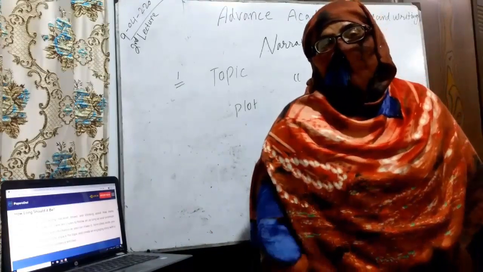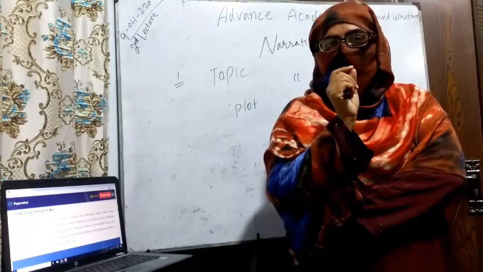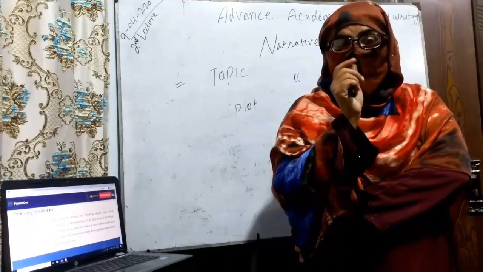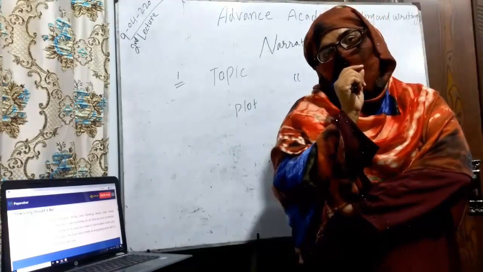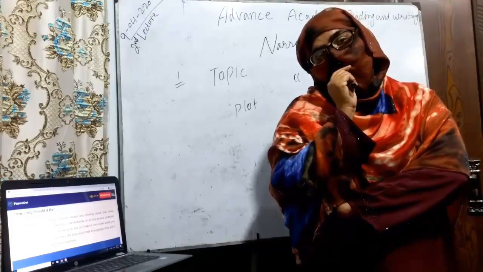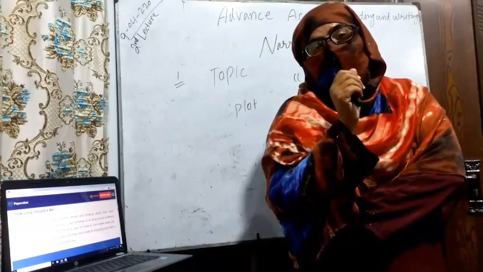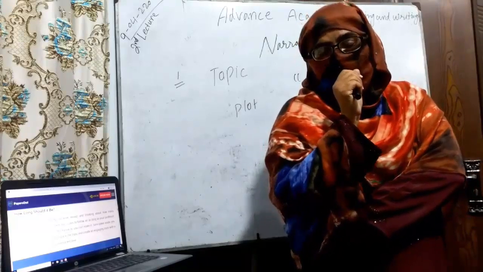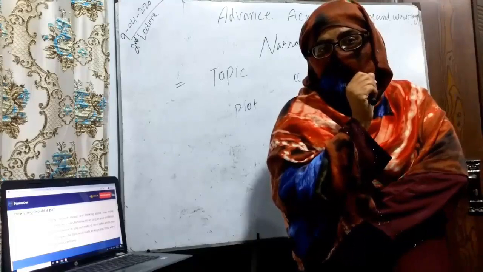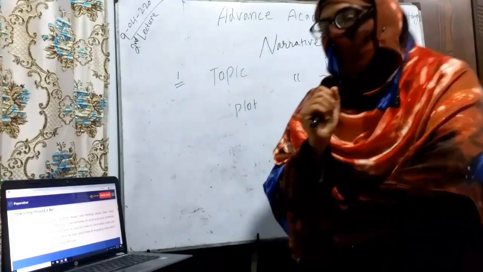Your essay should be in the form of paragraphs. Your narrative essay should be in paragraph writing. The draft you should make for a narrative essay will be in this way.